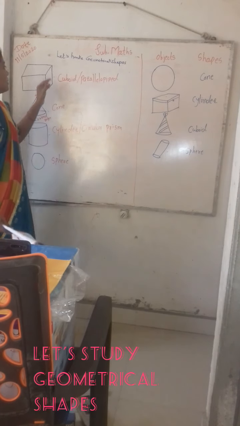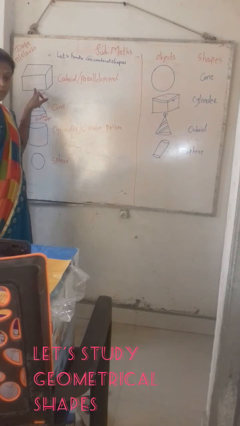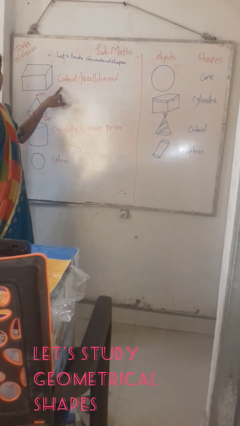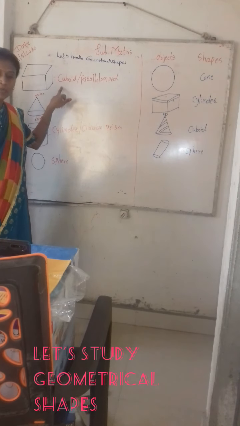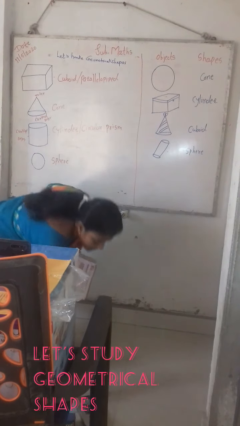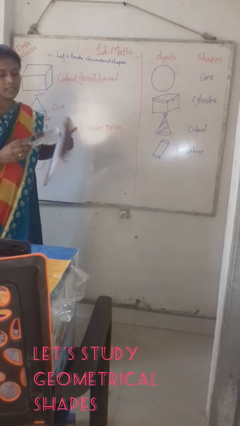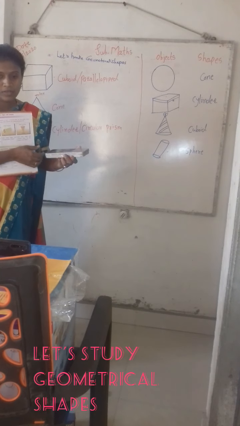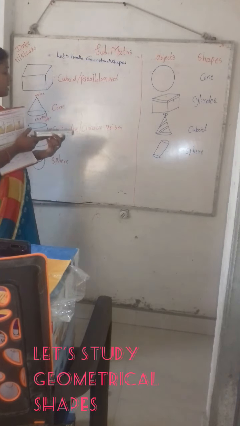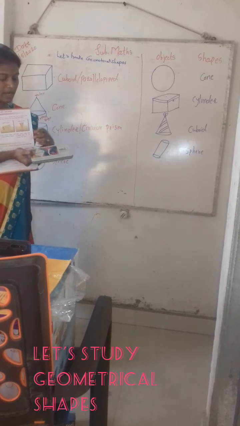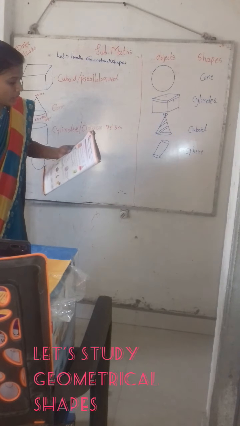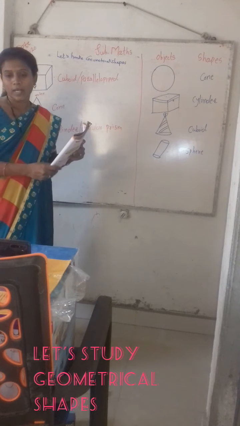See here is the first shape. First shape is cuboid. What do we call this shape? Cuboid. You can see our compass shape is cuboid. Can you understand? Cuboid has, see here, I will show you, cuboid has 12 vertices.